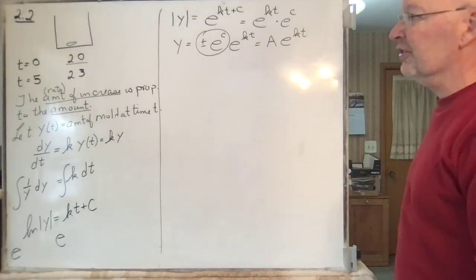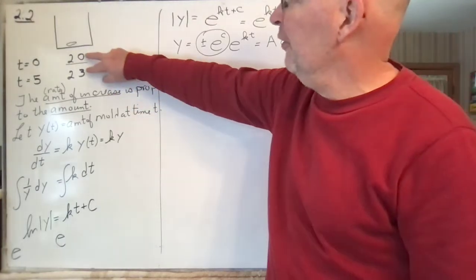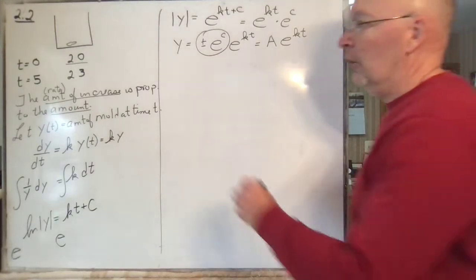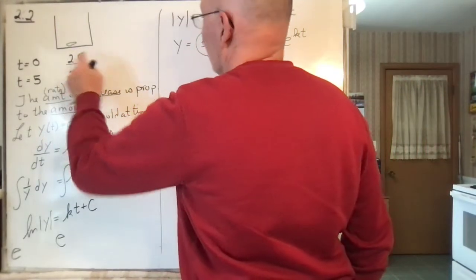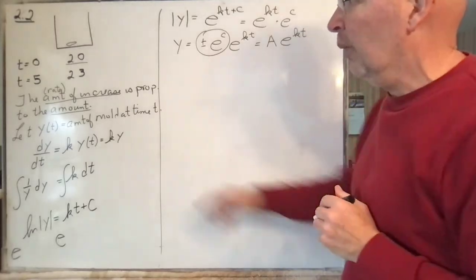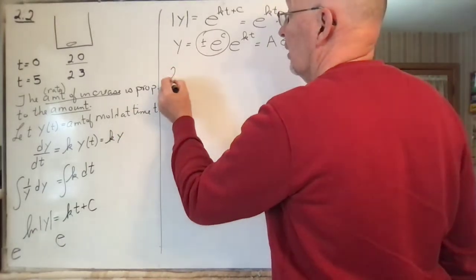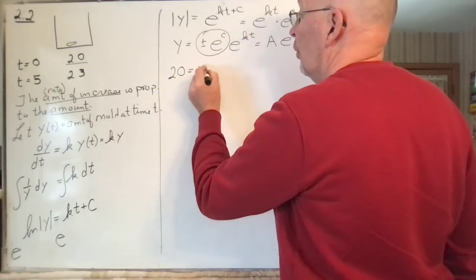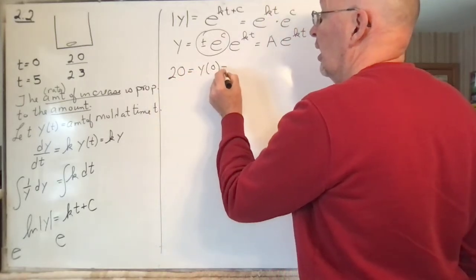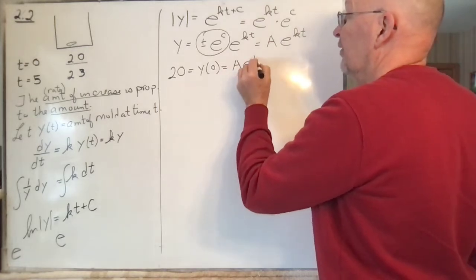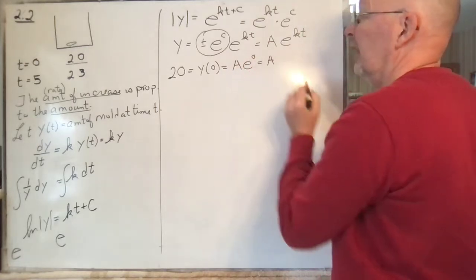So now that we have the solution, we can use this information to find these constants. Let's go ahead and do it. What do we know? We know that at time equal to 0, y is equal to 20. y is the amount that's there at time t. So 20 is equal to y of 0. And if I stick a 0 in here, I'm going to get a times e to the 0, which is just, of course, equal to a.